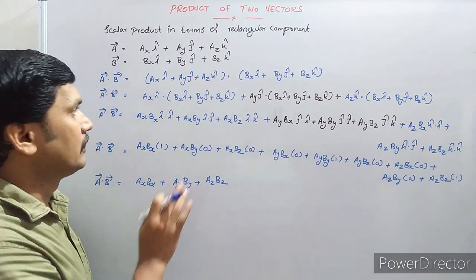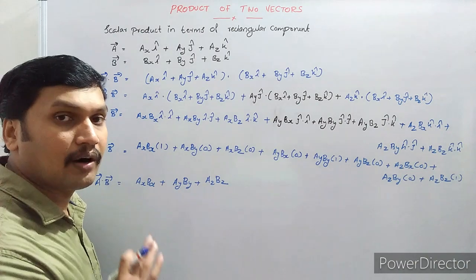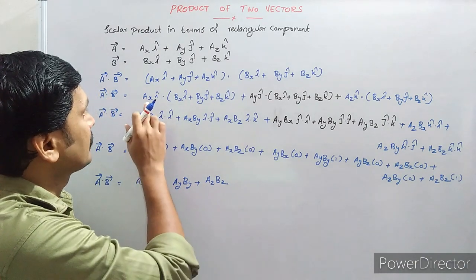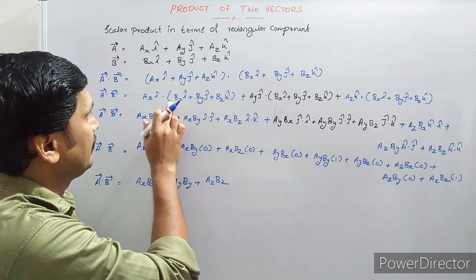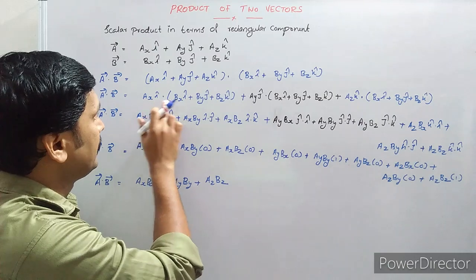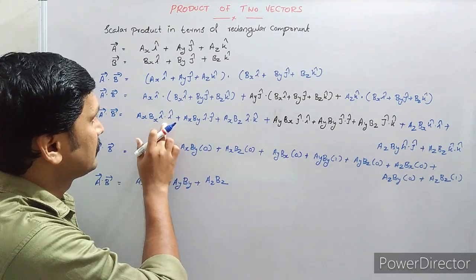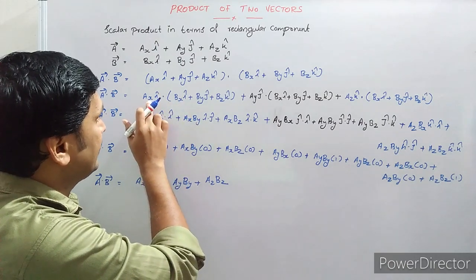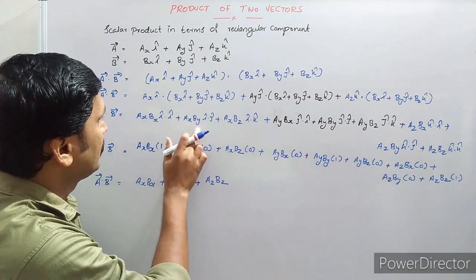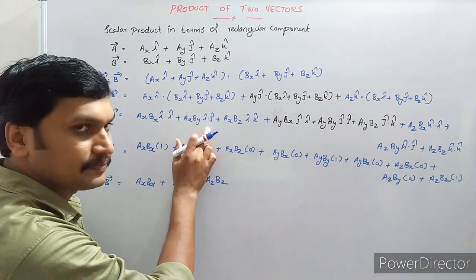But you know that the dot product is distributive over addition. So using that property, that is Ax into Bx I dot I. The second term Ax into By I dot j.